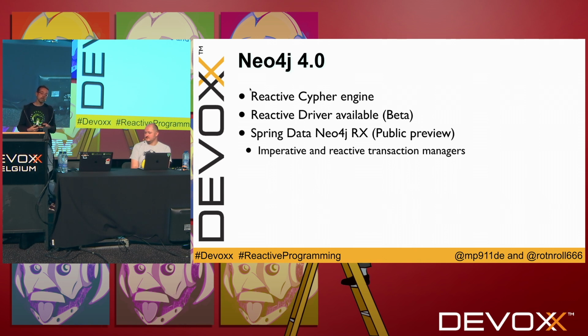And the big part where my team and I are working on is Spring Data Neo4j RX. This is a public preview of a Spring Data module that eventually will replace Spring Data Neo4j as it is now. Spring Data Neo4j RX supports both imperative and reactive transaction managers.